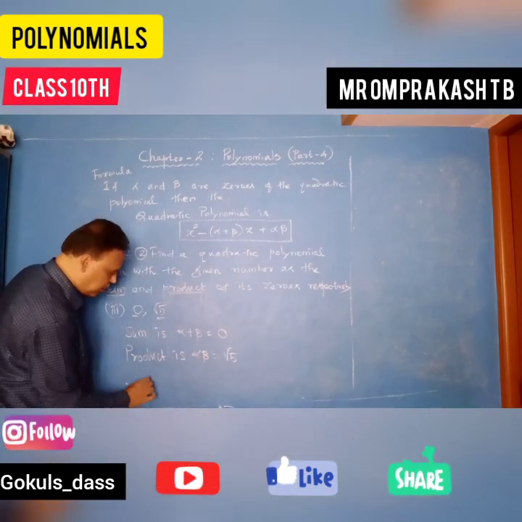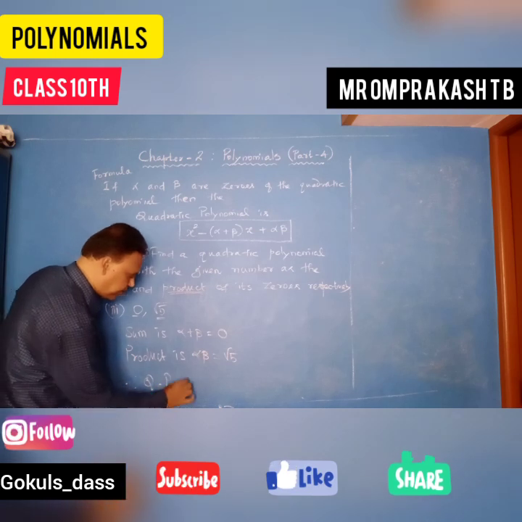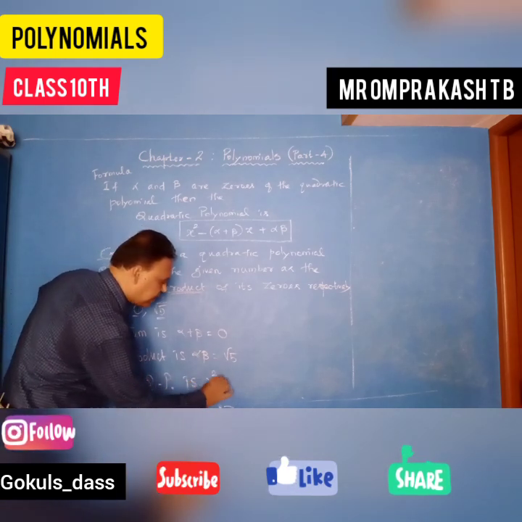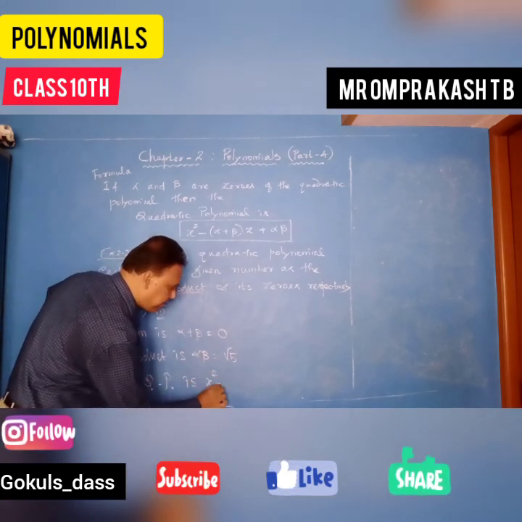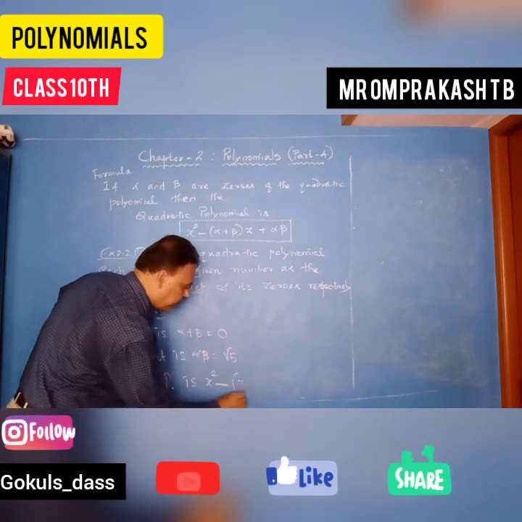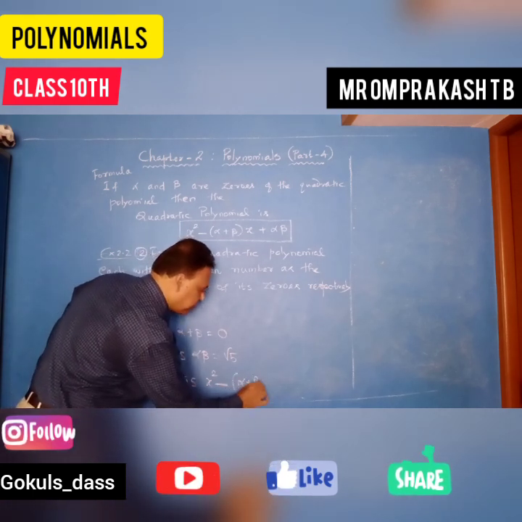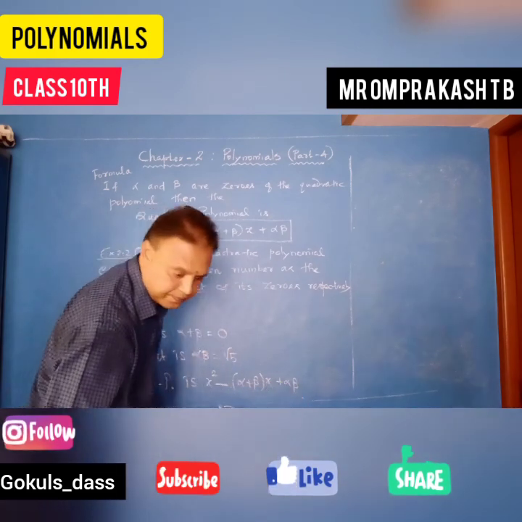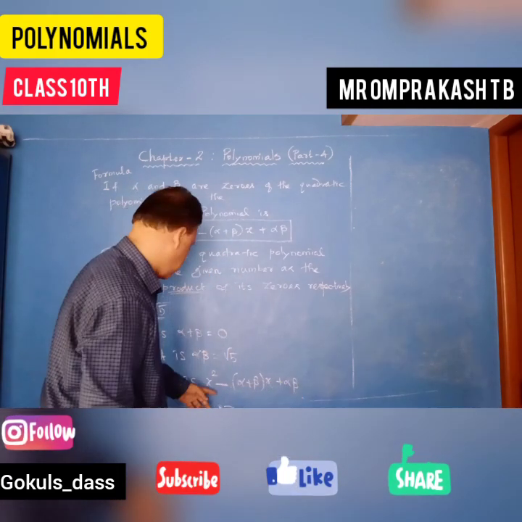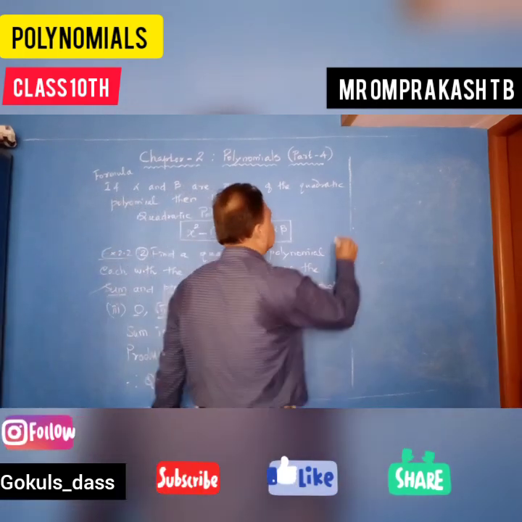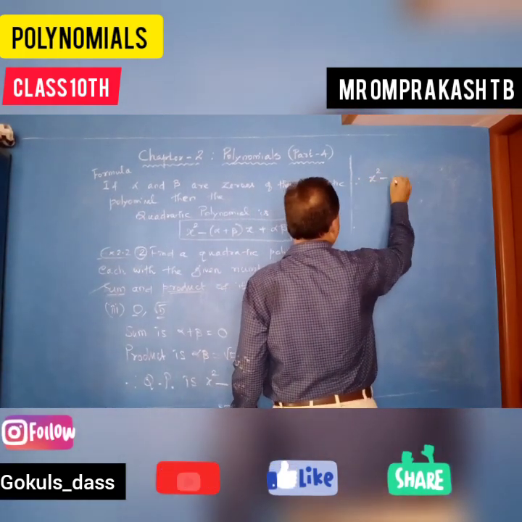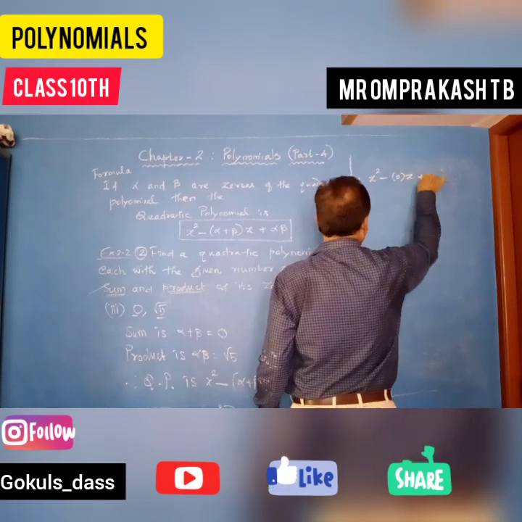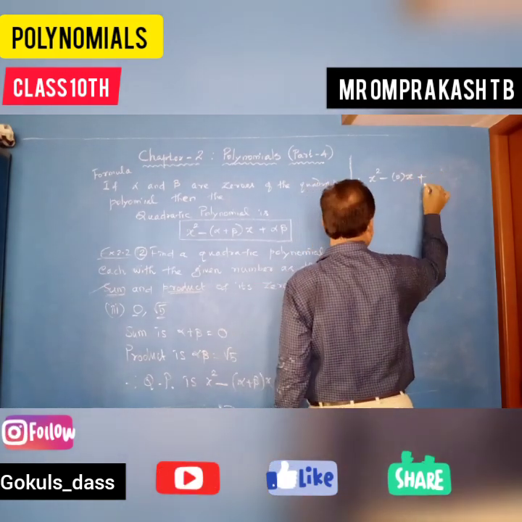Therefore, the quadratic polynomial is x squared minus (alpha plus beta) into x plus alpha beta. Now replace it. Therefore, x squared minus 0 into x plus root 5.